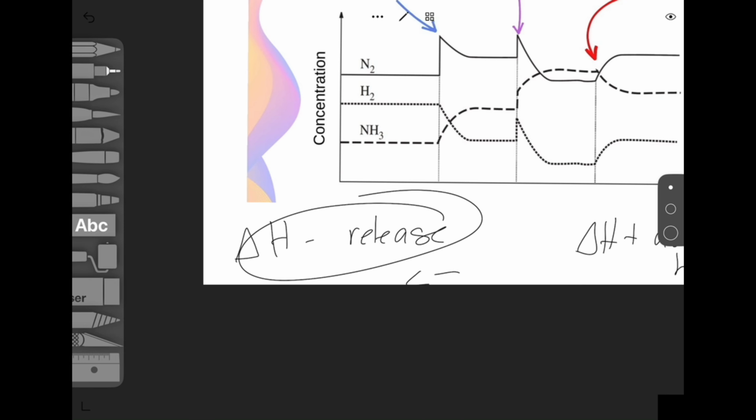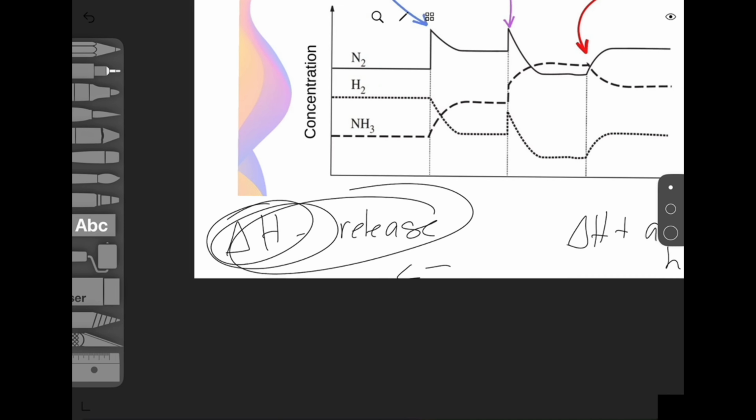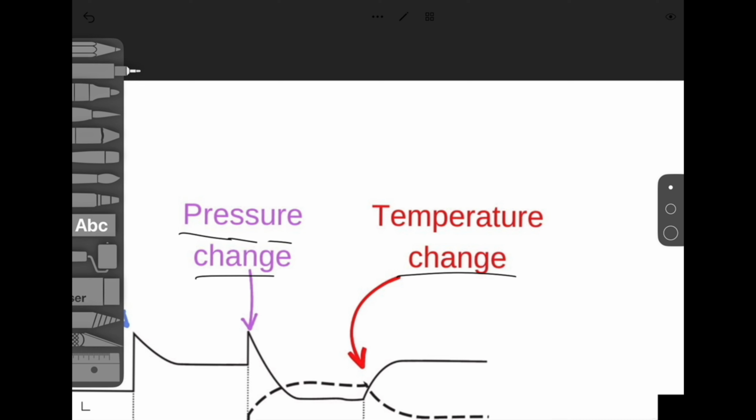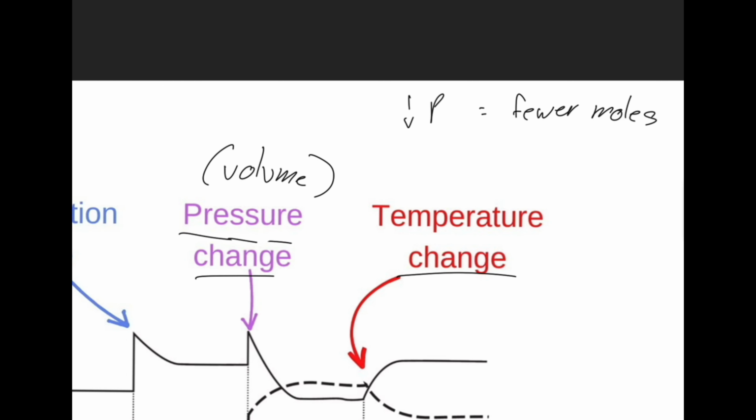Next, let's talk about volume. Pressure can be also volume. You have to keep that in mind, as you can get asked about volume, but it could mean the same thing as pressure. So if the pressure is decreasing, it will shift towards the side with fewer moles, so less moles.